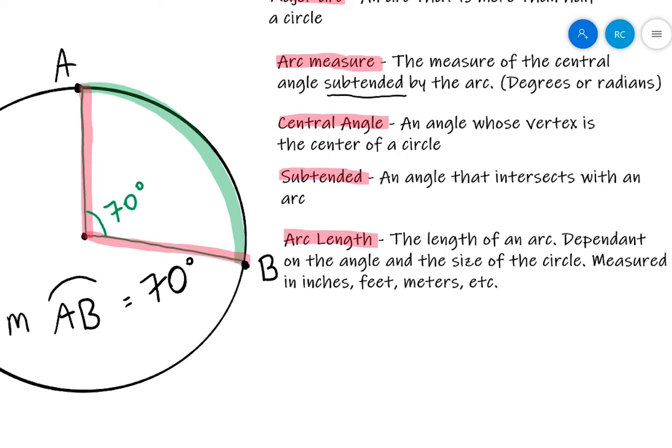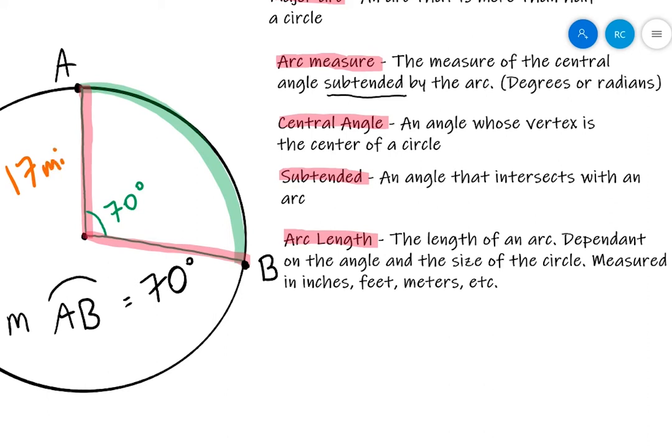Arc length just means exactly what it says, the length of an arc. It's dependent on the angle that is subtended, that 70-degree angle, but this would be a very different answer if this was a circle that was 5 inches wide versus if it was a circle that was 17 miles wide, right?